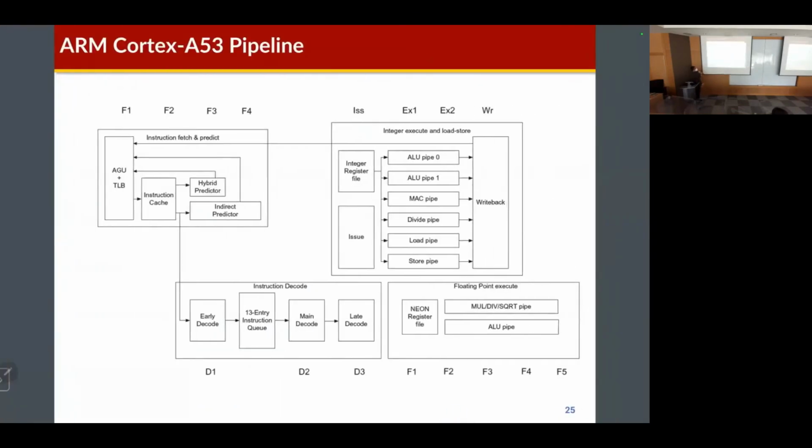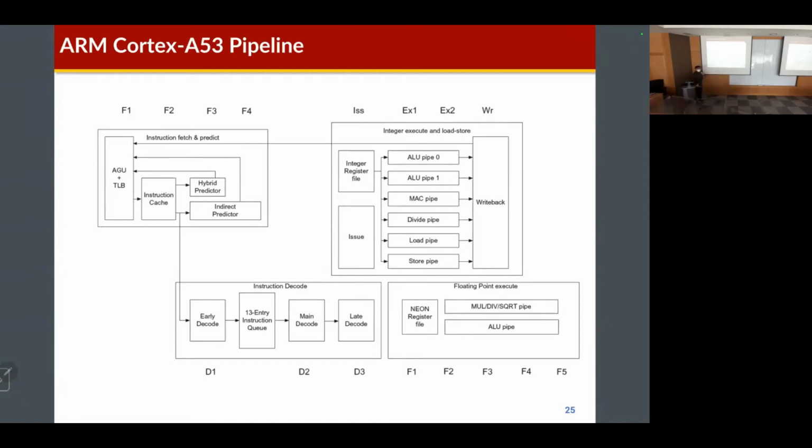This is the ARM Cortex A53 pipeline architecture. The ARM Cortex A53 is an in-order processor, which means the instructions are executed in order. But the architecture of this ARM Cortex A53 is also different. The architecture is not the same as the 5-stage pipeline we learned at first.